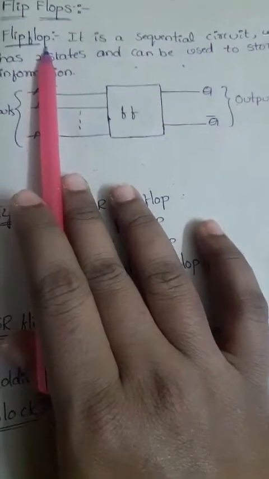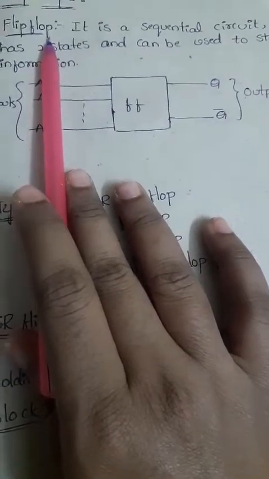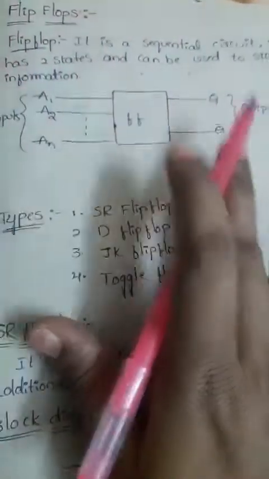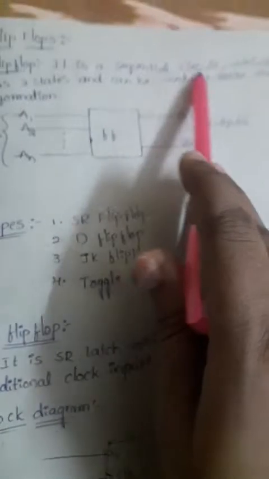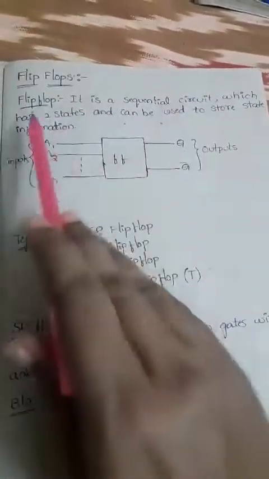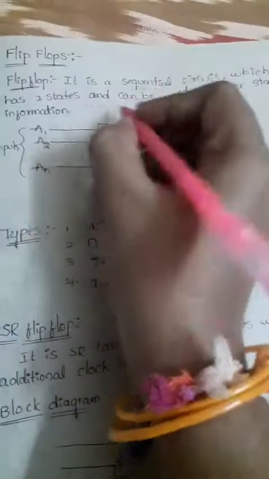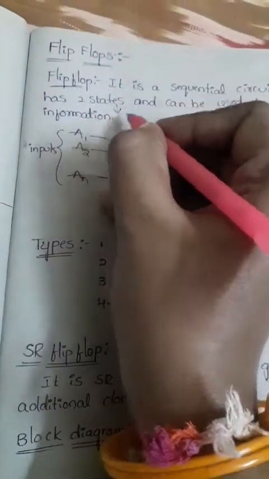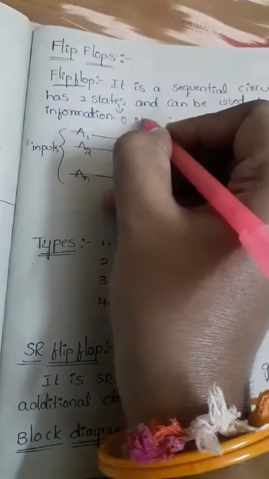In simple terms we can say that the flip-flop is a sequential circuit which has two states and can be used to store state information. Two states means it can be either 0 or 1.